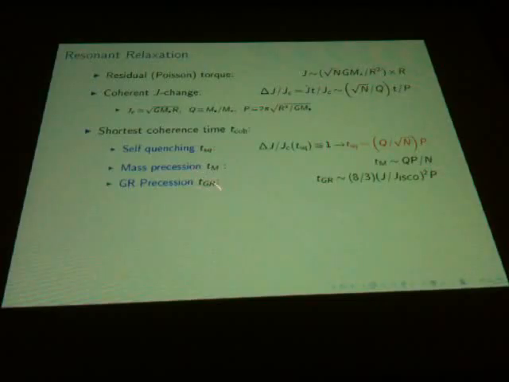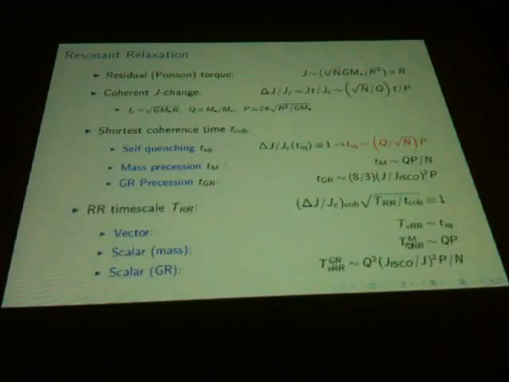And if you are close enough to the black hole where it's the GR Schwarzschild precession that dominates, then there is this dependence, where J_ISCO is the angular momentum on the innermost stable circular orbit.